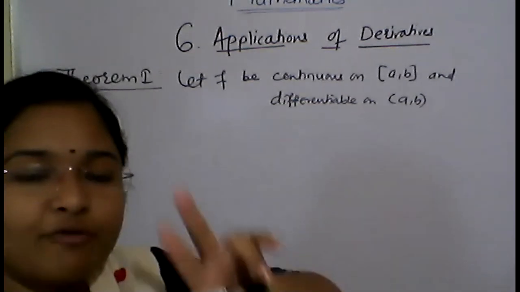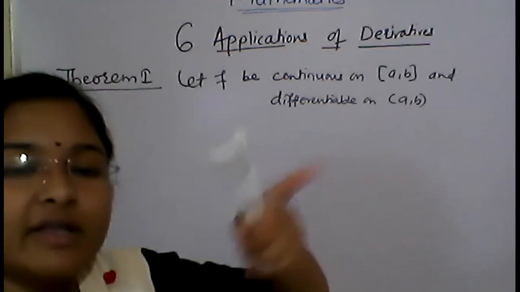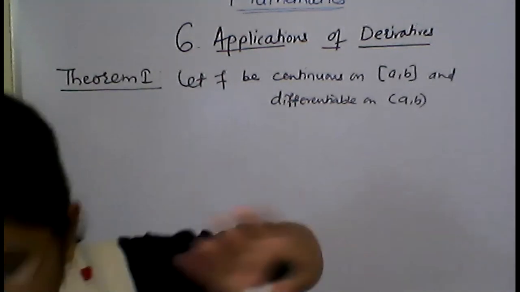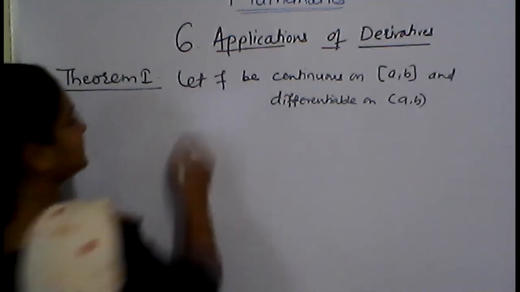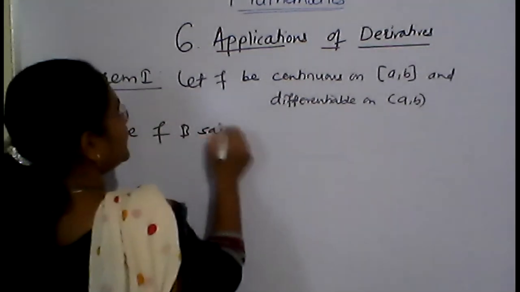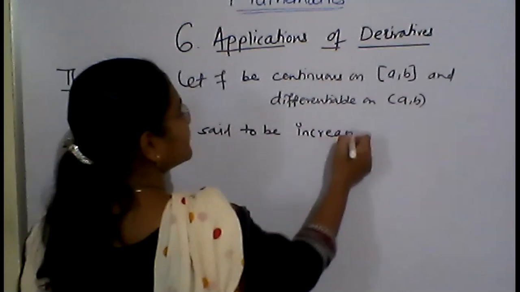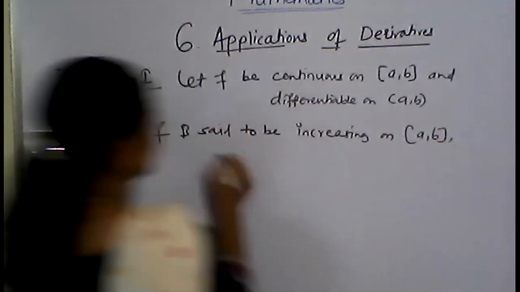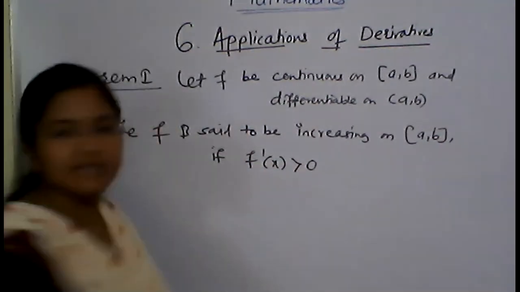this function f differentiable on open interval, keep in mind, and continuous on closed interval. Then f is said to be increasing on closed interval AB if f dash of x is strictly greater than 0.